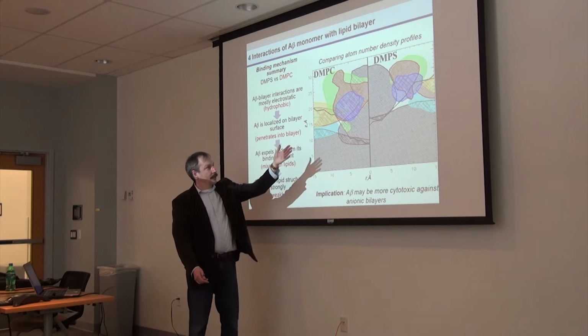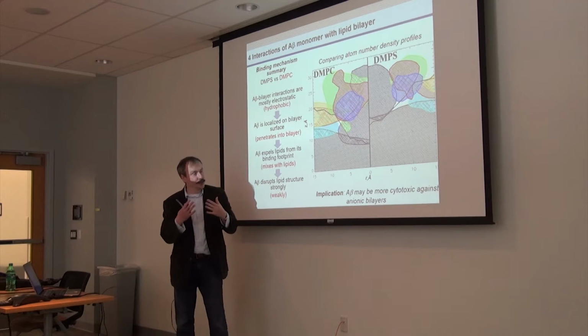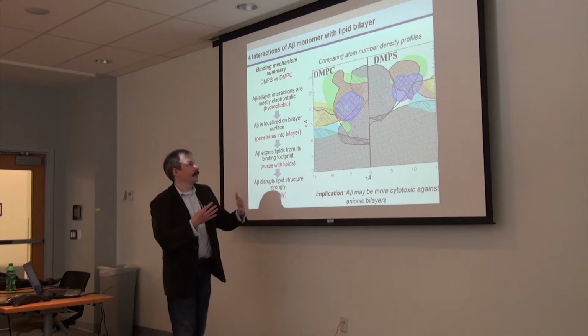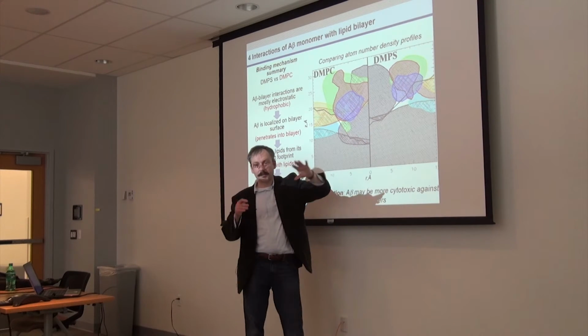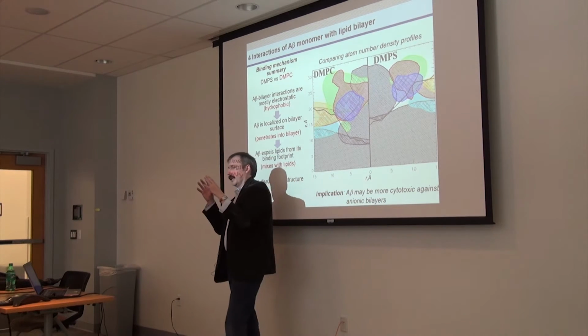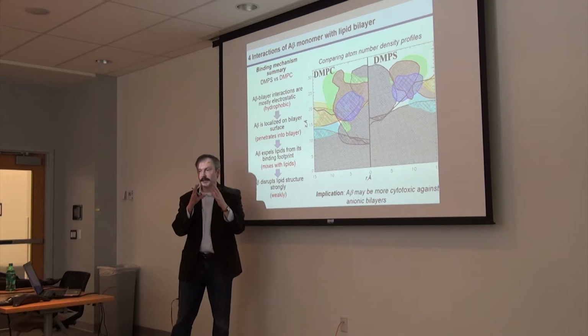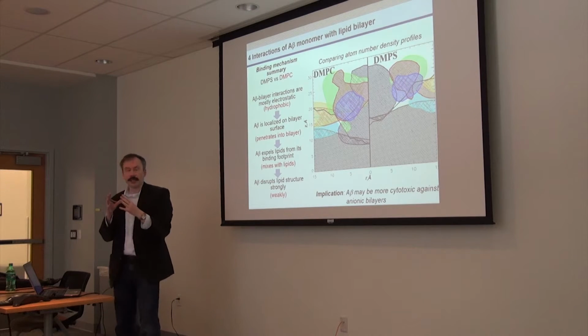Comparison of the DMPC and DMPS shows that the distributions of these molecular groups are quite different. For example, for the DMPS, the very clear result here is that when the peptide binds, it has a very well-defined hydrophobic core. Initially, we were struck by this. We really didn't understand why it should be that way.